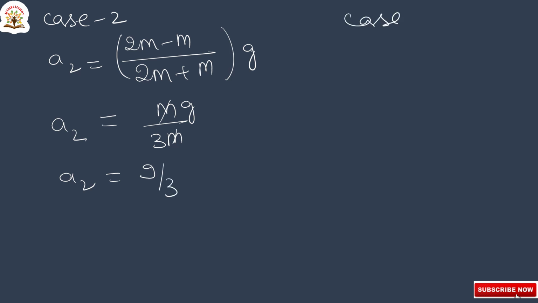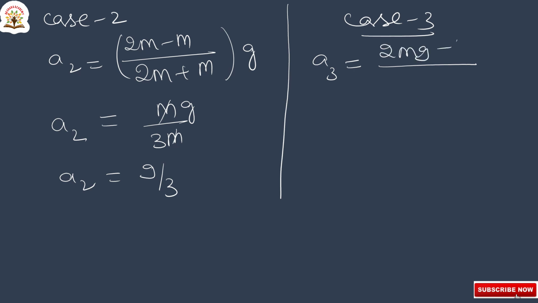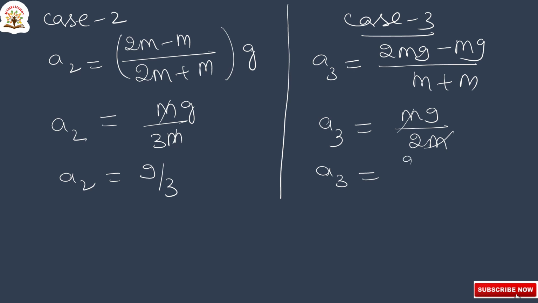And next case 3. a3 is equals to (2mg minus mg) by (m plus m). 2mg minus mg, m plus m, 2m. m cancel. So a3 is equals to g by 2.